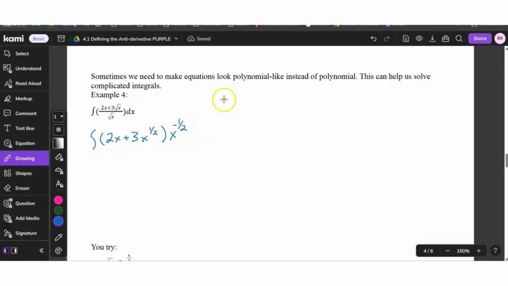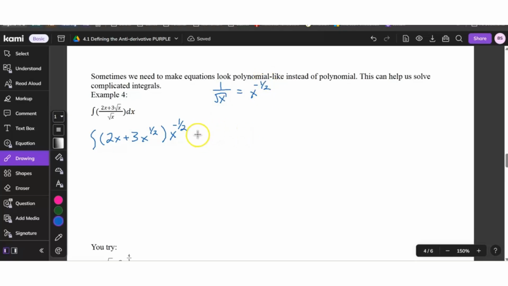Do you agree that this 1 over the square root of x is equal to x to the -1/2? Do you guys remember that from pre-calc? Right, our exponent rules. Cross the line, flip the sign. So the positive 1/2 became negative 1/2 if I want to write it on top.